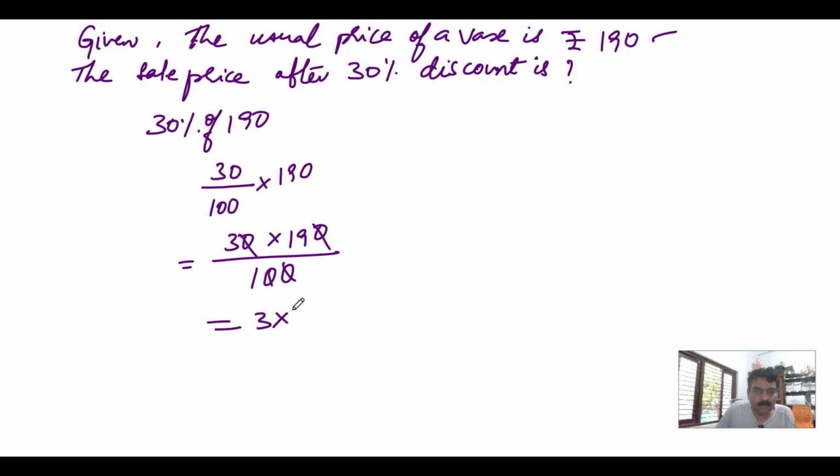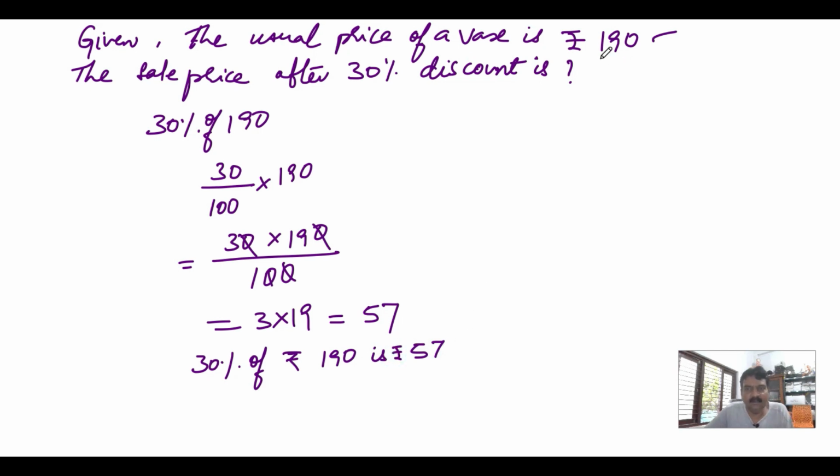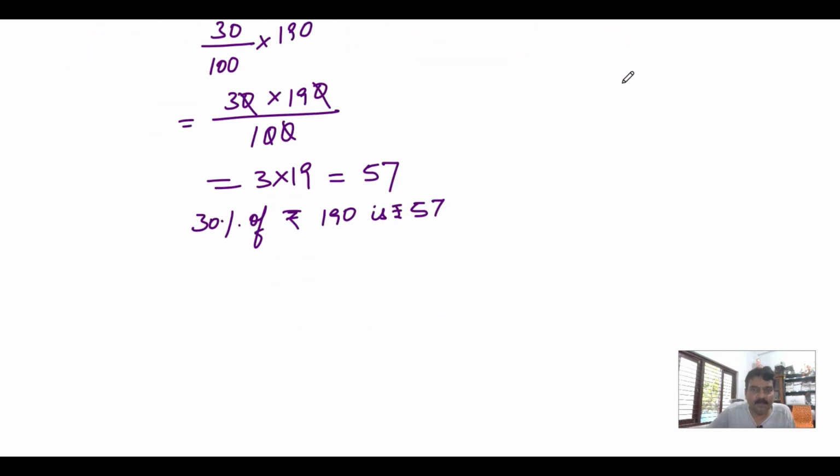So 3 into 19, that is how much? 57. 3 9s are 27, 3 1s are 3, plus 2 is 57 rupees. So 30% of rupees 190 is 57 rupees, right? This 57 rupees you have to minus, because it is the discount amount for 190 rupees.